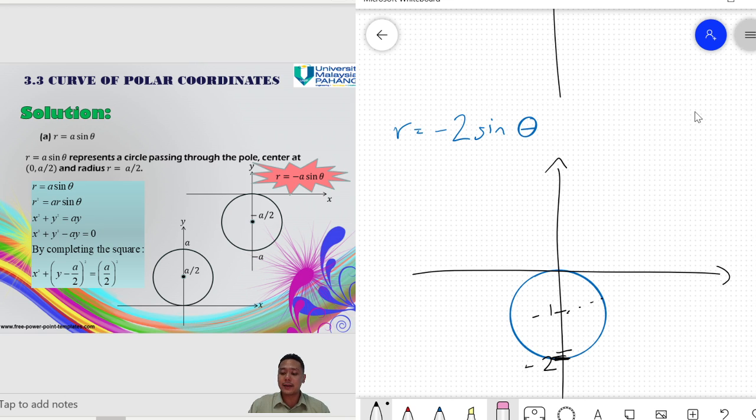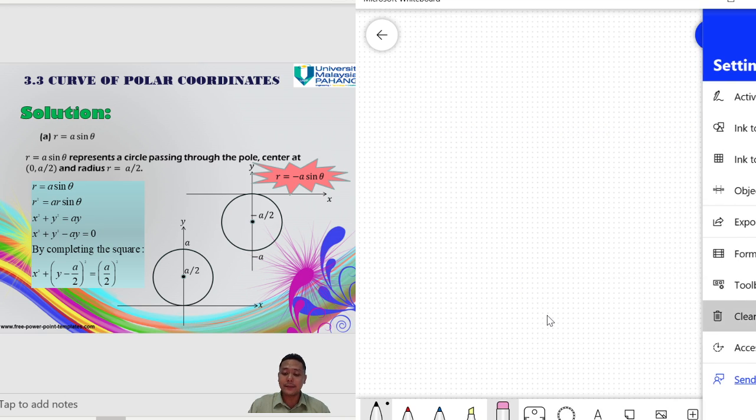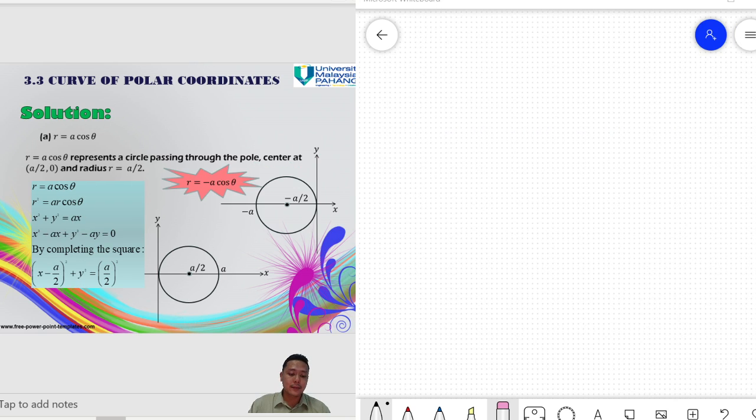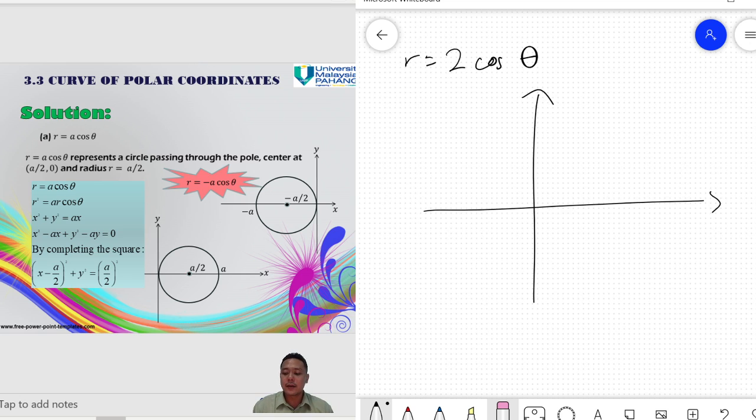If the case of cosine, so r equals to, I put 2 cos theta. 2 cos theta, cos you try to represent at the x-axis, so 2 here, this is cos theta.